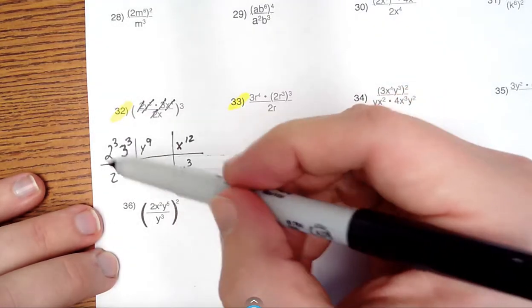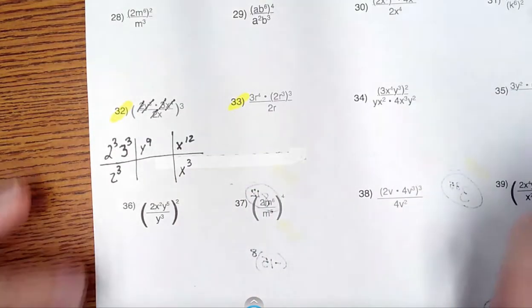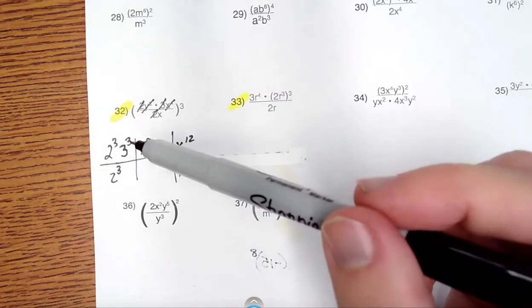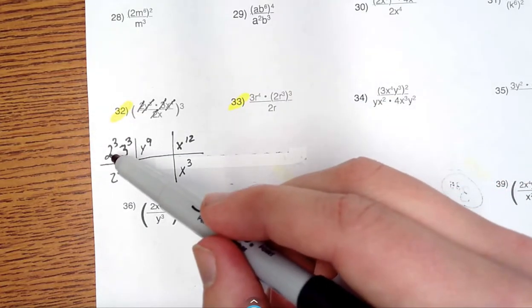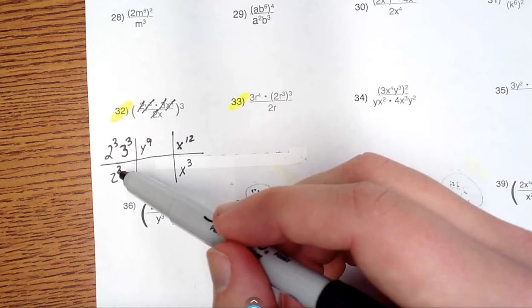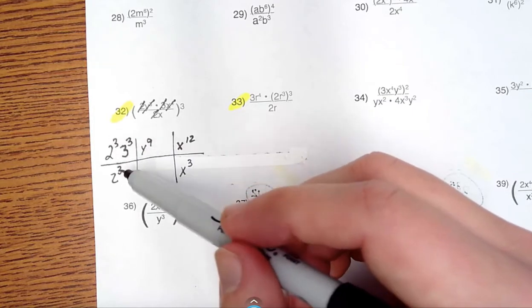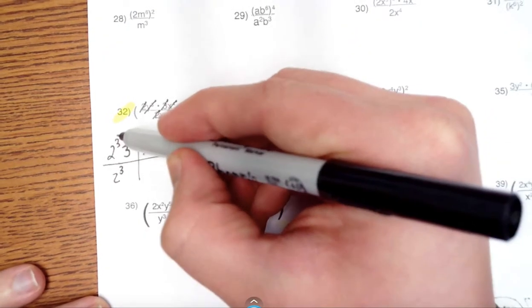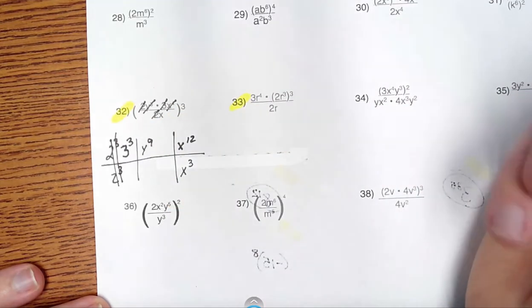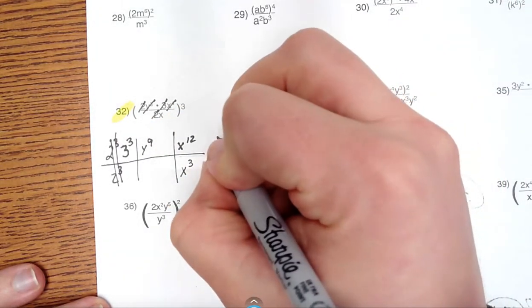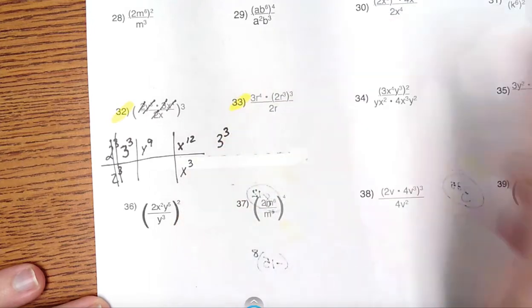So now I can look at each of these. 2 and 3 are not the same base, so I can't combine those. But if I look at this, 3 minus 3, if I divide on the 2's, is 0, so I have 0 2's left, so those just cancel out. And all I'm left with is 3 to the 3rd power.